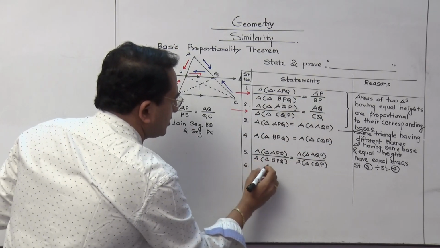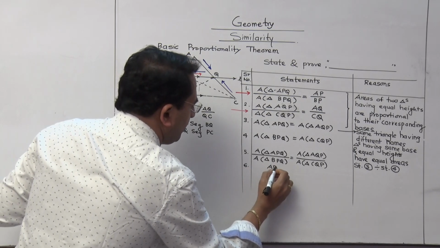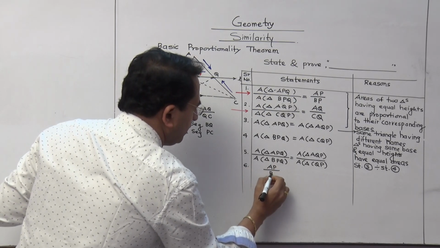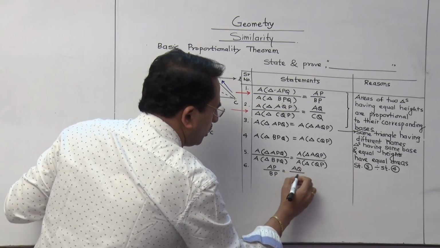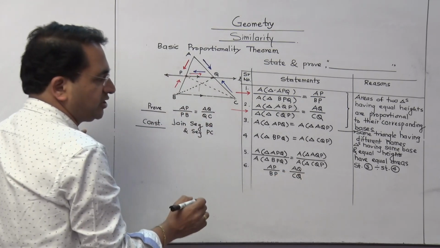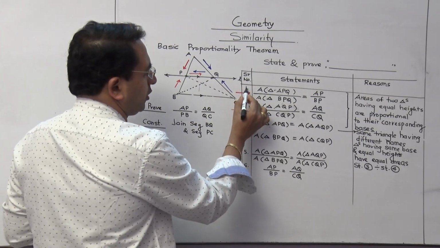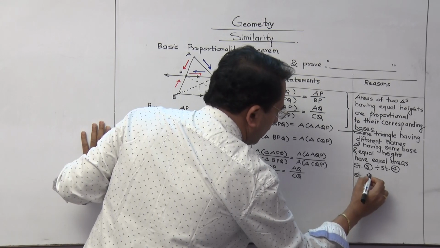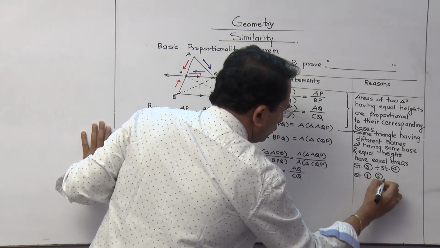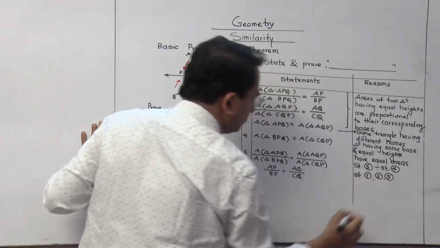Therefore statement number 6, I can write AP upon BP is equal to AQ upon CQ. The reason being statements 1, 2 and 5.